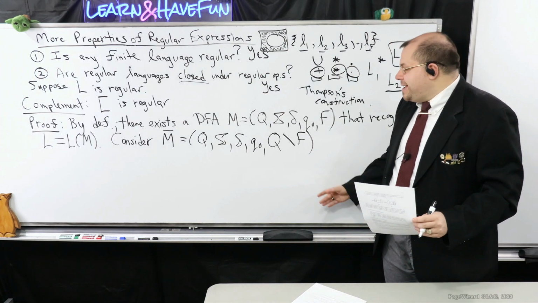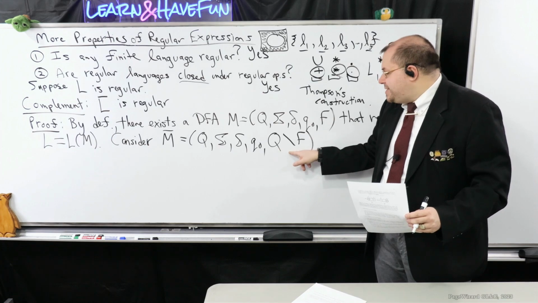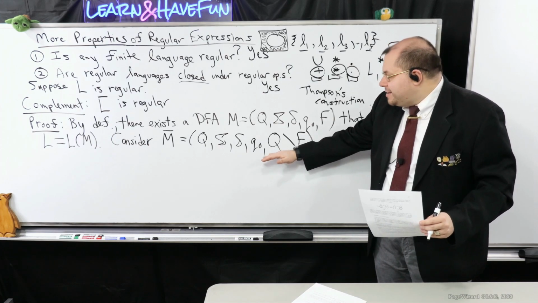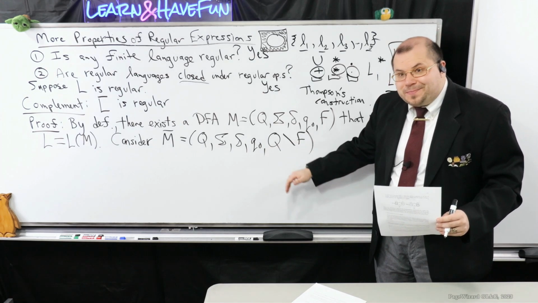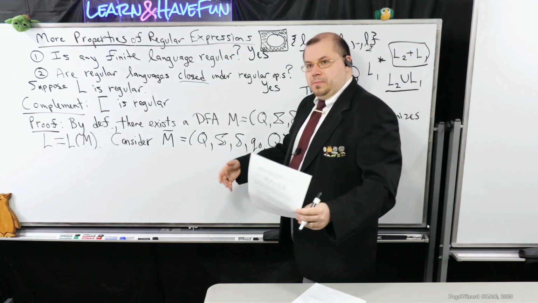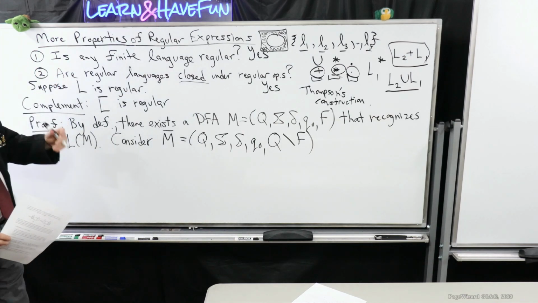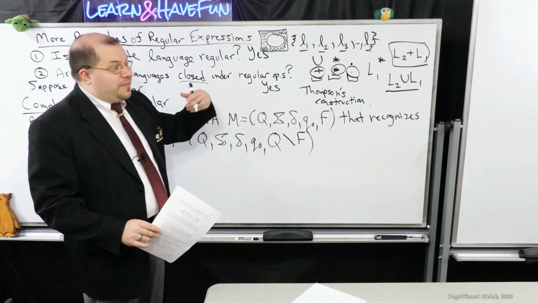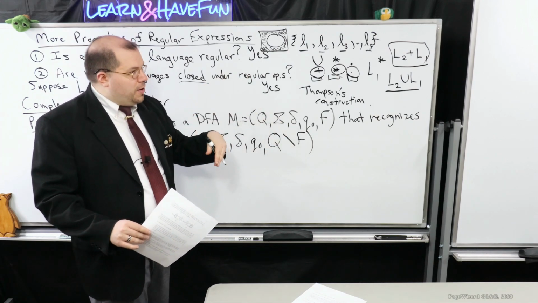We'll see an example after the proof. This is Q minus F: I'm taking the set of states and removing the final states from it. So every non-final state becomes a final state, and all the final states of the original DFA are now non-final.